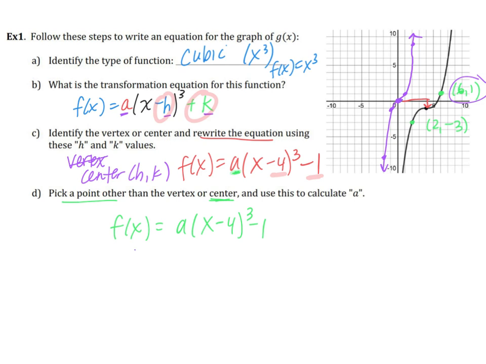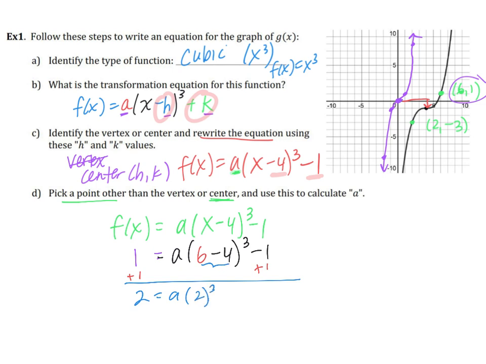So my y value is 1, so I plug in 1, and my x value is 6, so I plug in my 6, and now I have to solve. The first thing I'm going to do is add 1 to both sides. So I get 2 equals a times, and 6 minus 4 is 2, so I get 2 cubed. 2 to the third power is 8, so 2 equals 8a.